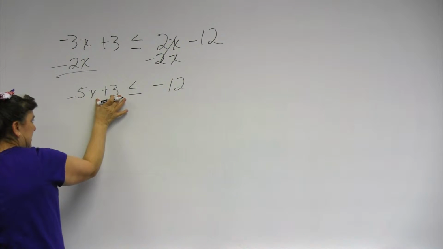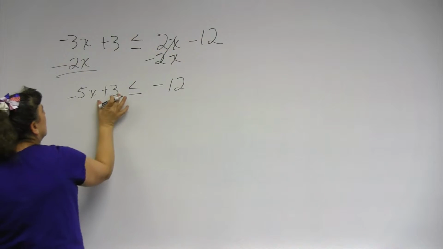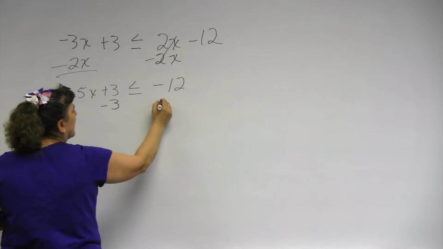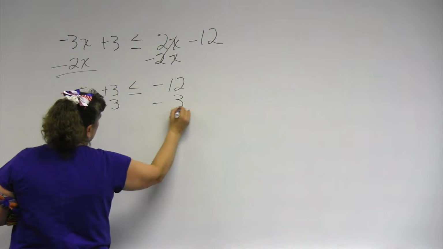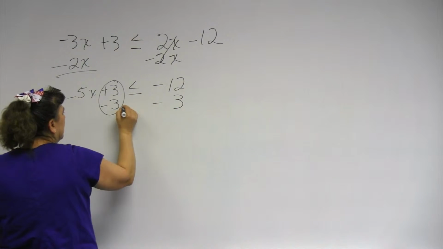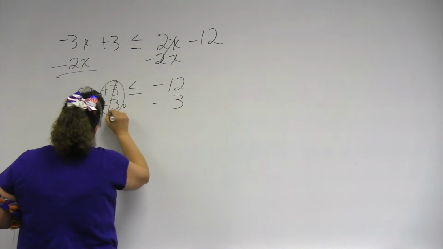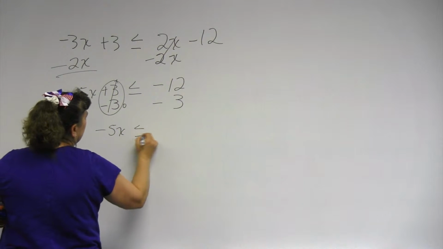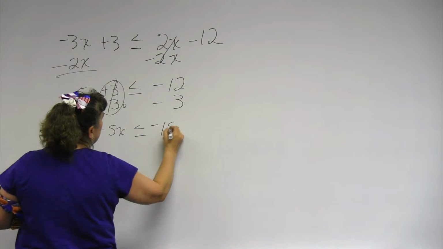Now again, isolating my 5x. My negative 5x, I'm going to have to do the opposite of the plus 3, and that makes a minus 3. This produces 0, so that's gone. And now I have a negative 5x less than or equal to a negative 15.